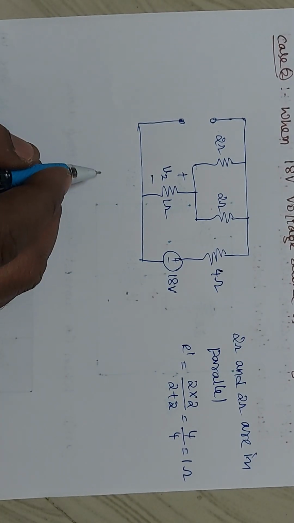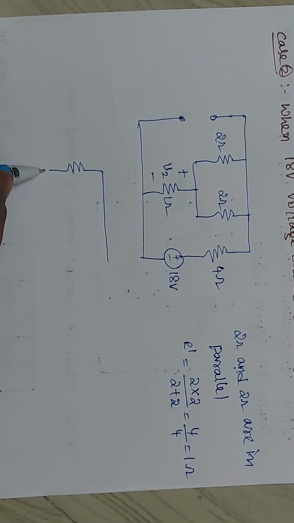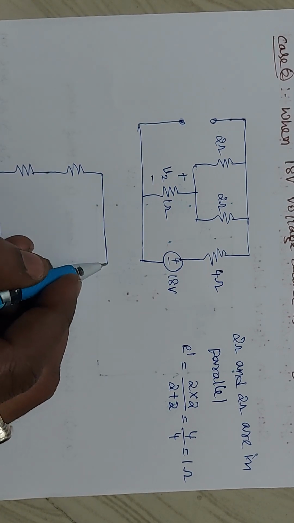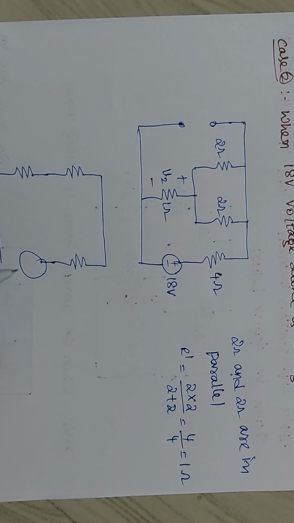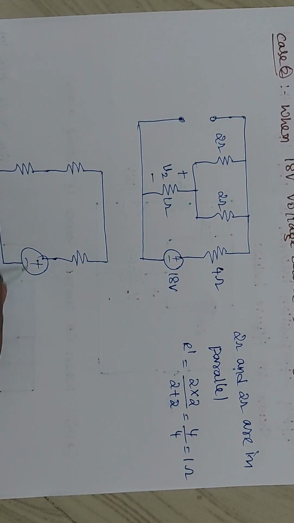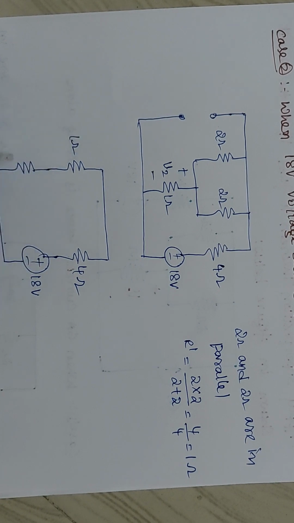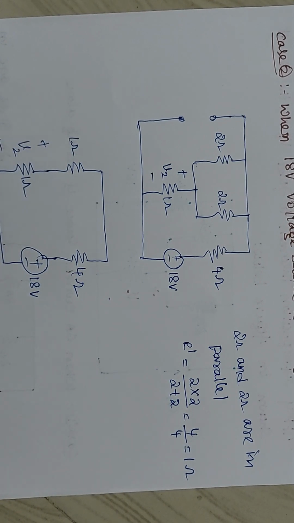So now I can replace this with a single resistance, and here is your 1 ohm resistor, and this is your 4 ohm, and here the 18 volt source is there. Okay, so now your response is V2 here.